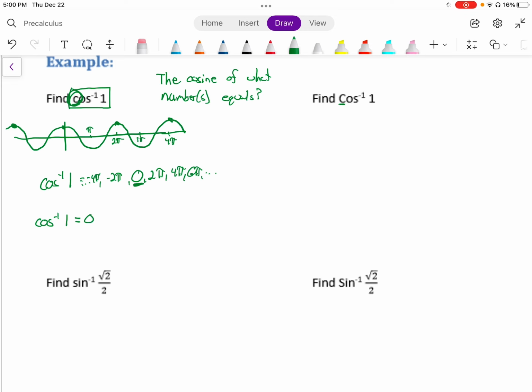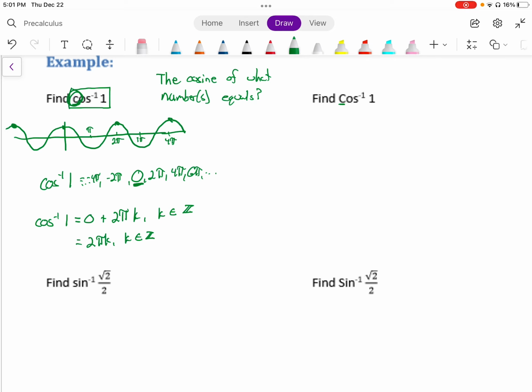So I'm going to write that just so we have that idea down, but 0 plus 2 pi k, where k is an integer. But we really don't need the 0. We can just write 2 pi k, where k is an integer. And so that's the solution to that one.